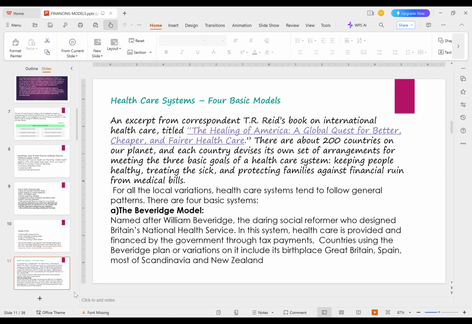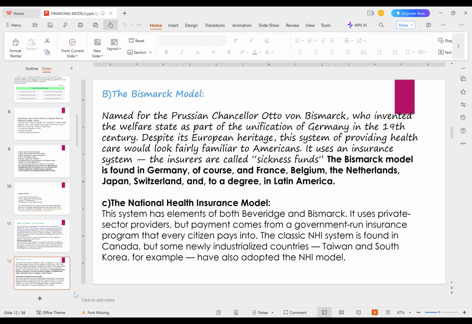Countries using the Beveridge plan or variation on it include its birthplace, Great Britain, Spain, most of Scandinavia, and New Zealand. The Bismarck model, named for the Prussian Chancellor Otto von Bismarck, who invented the welfare state as part of the unification of Germany in the 19th century.